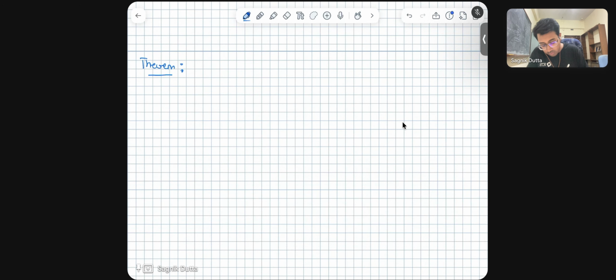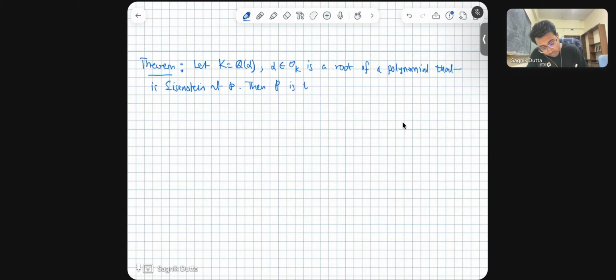The first is: let k be Q adjoin alpha, where alpha is a root of a polynomial that is Eisenstein at some prime, say prime p. Then p is totally ramified in k.